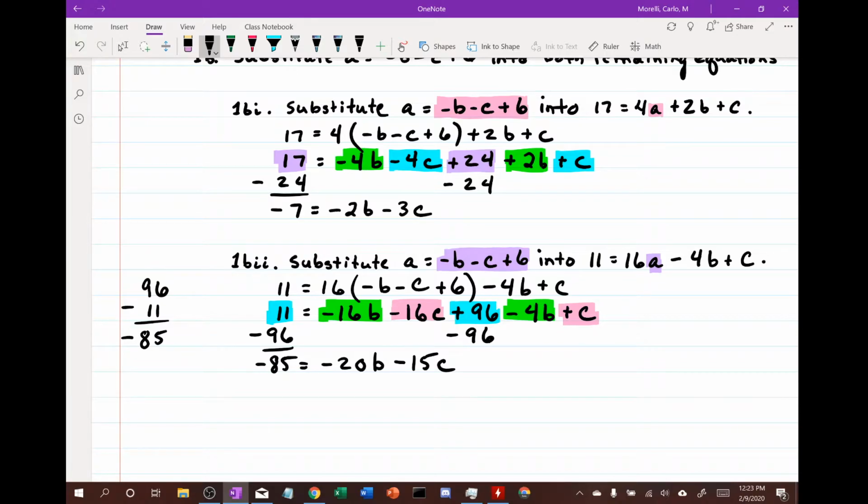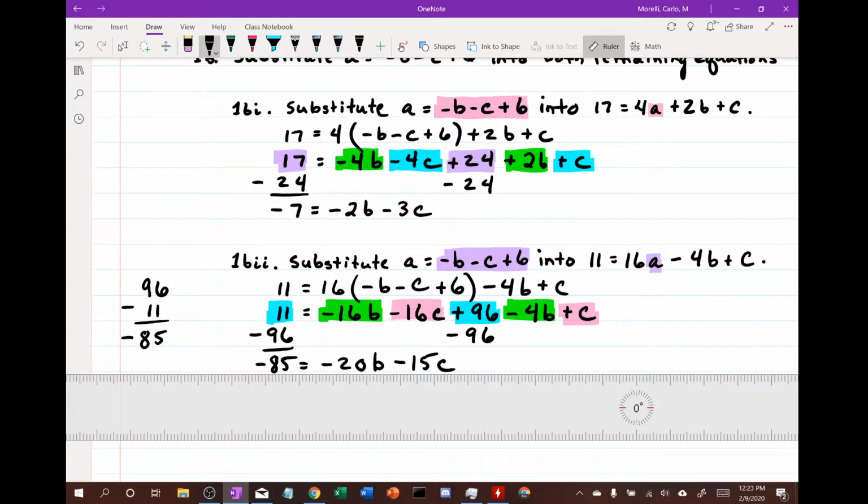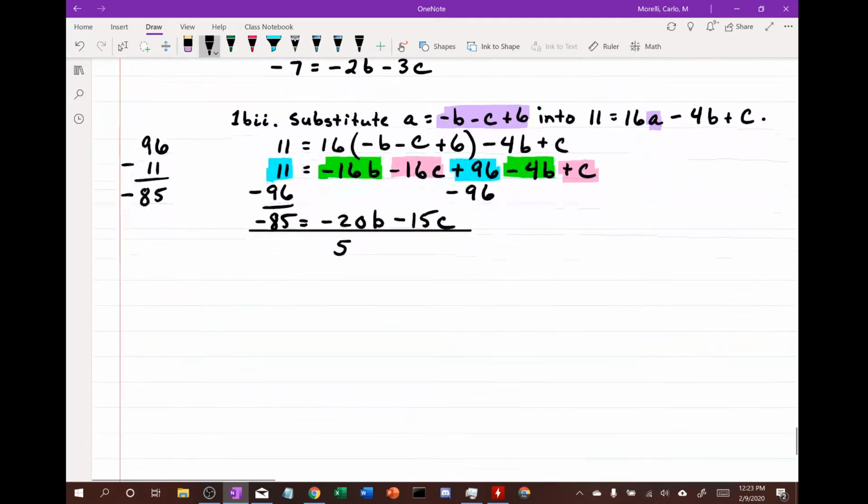And what I can do to simplify this expression is divide everything, each term, by 5. Okay? Because all of these terms end in a 0 or a 5. So I can make my terms simpler. 5 goes into 85 17 times.